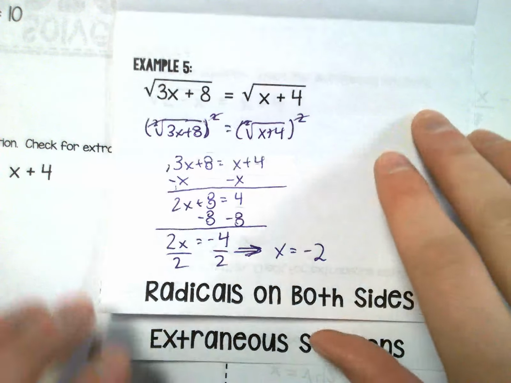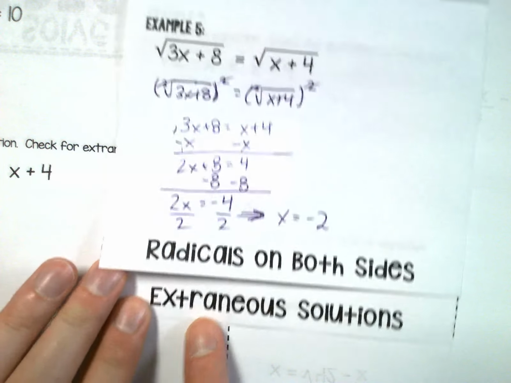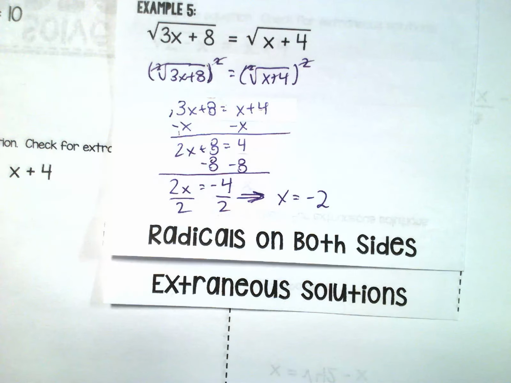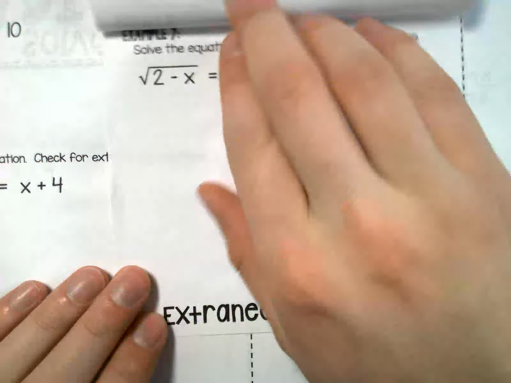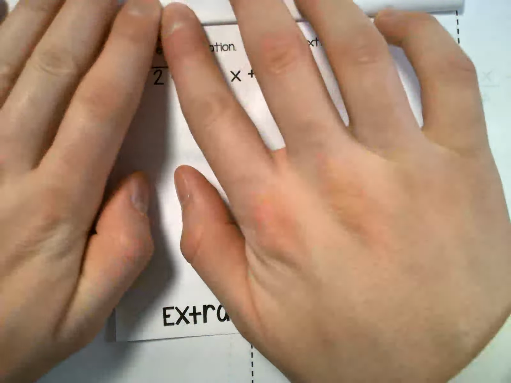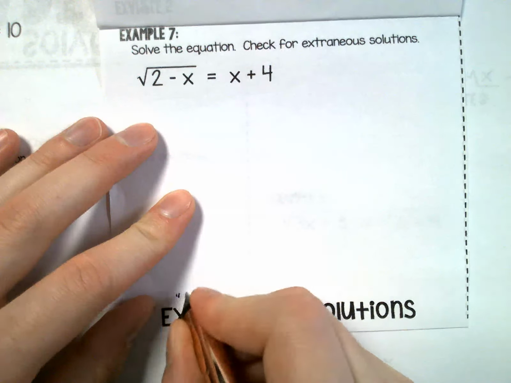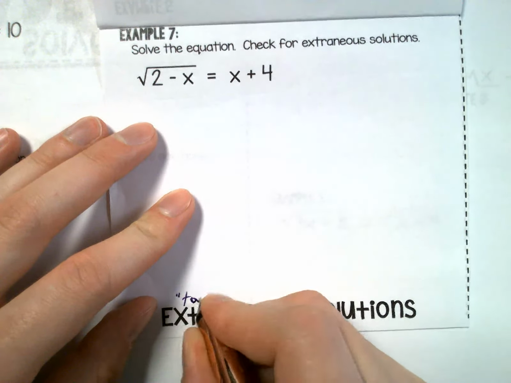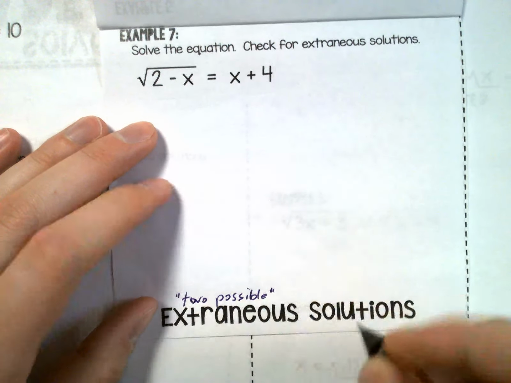All right, so the last section we're going to talk about are called extraneous solutions. Now, extraneous is just a fancy word for the following: two possible solutions.